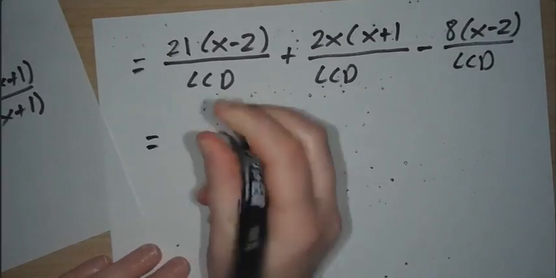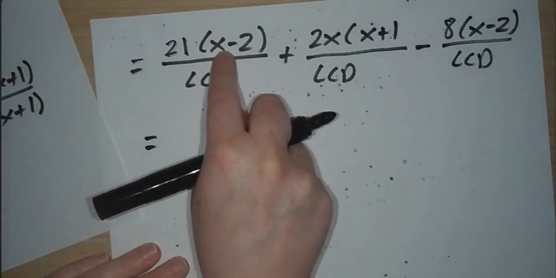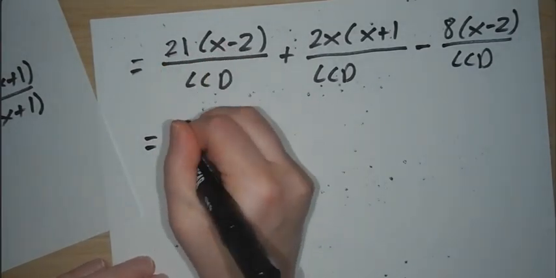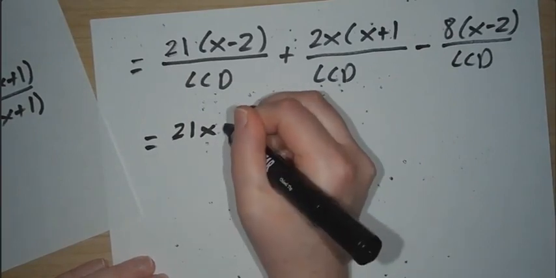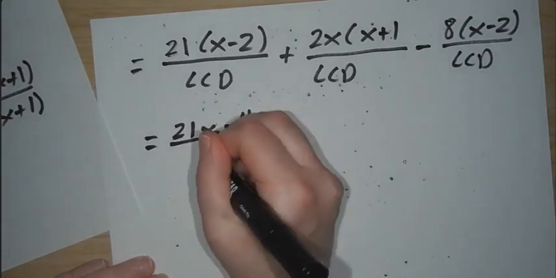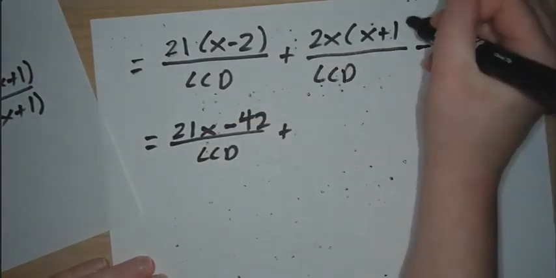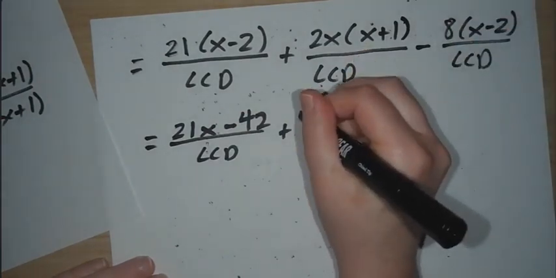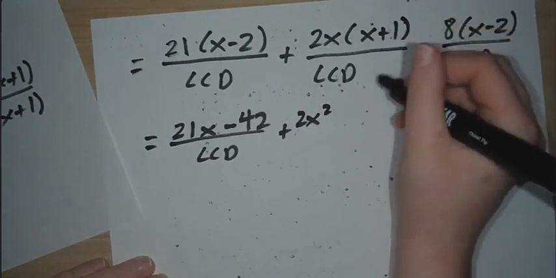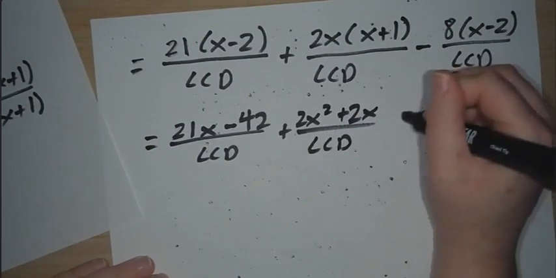So, simplifying the numerators once again, 21 times x times negative 2, we get 21x minus 42. And 2x times x is 2x squared. 2x times 1 is plus 2x over LCD.